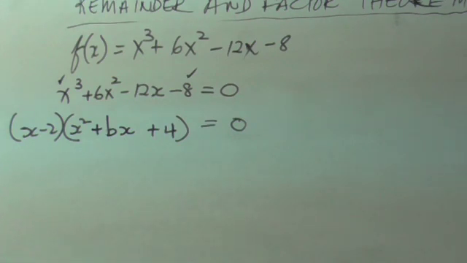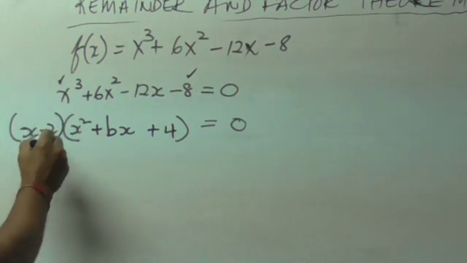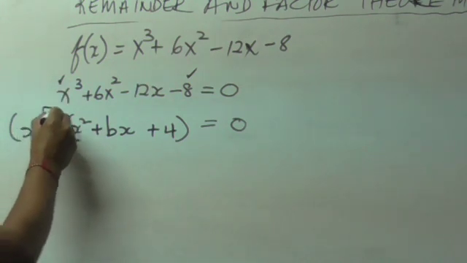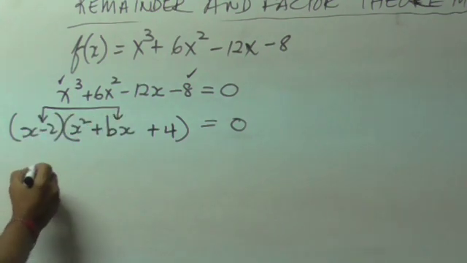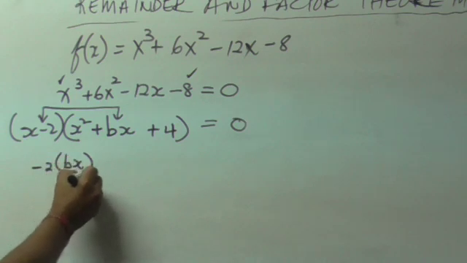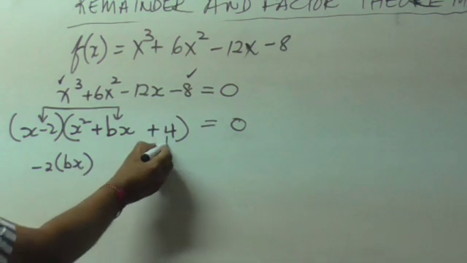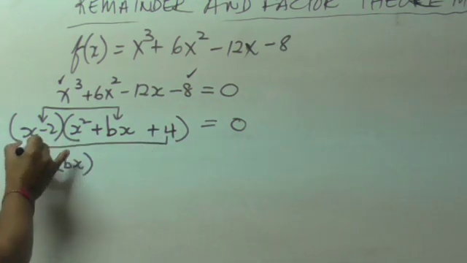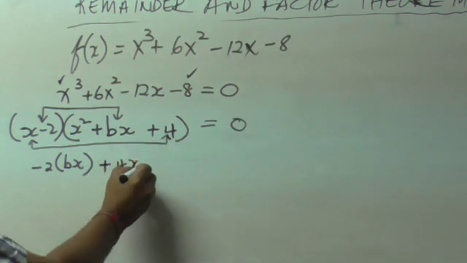To find bx, this is what you do. You multiply this by that, and you get minus 2 into bx. Then we multiply those two, and you get plus 4x.